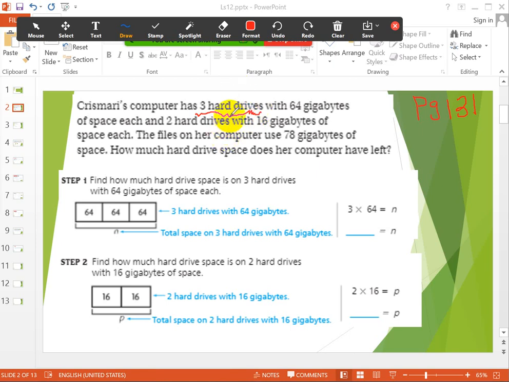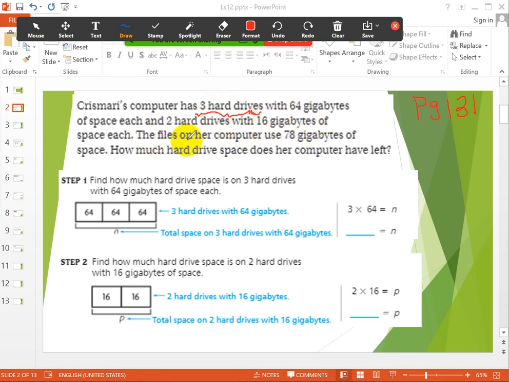The first hard drive, the space of this one equals 64 gigabytes. The second kind, I have here 2 hard drives. The space of each one equals 16 gigabytes.